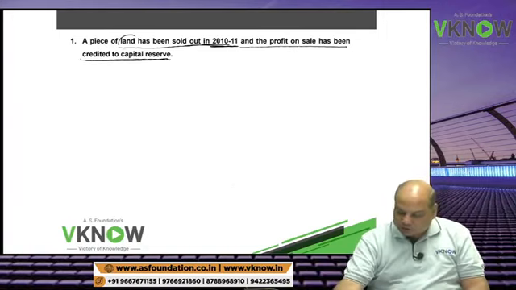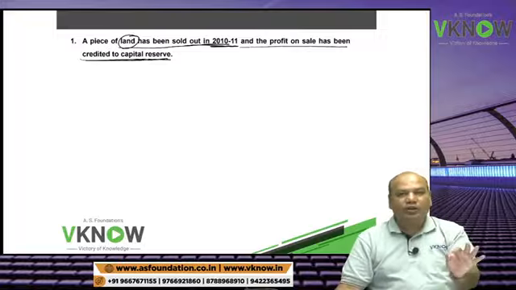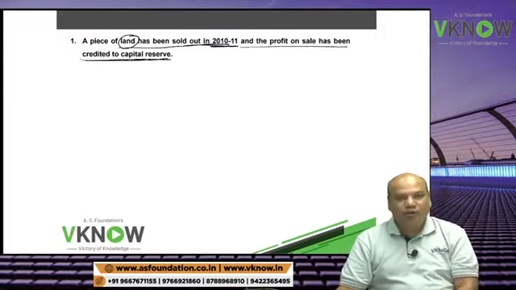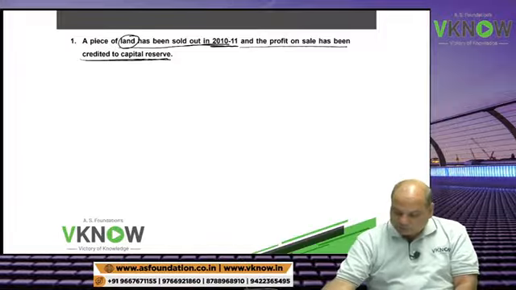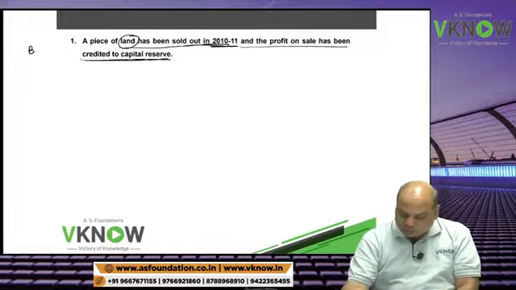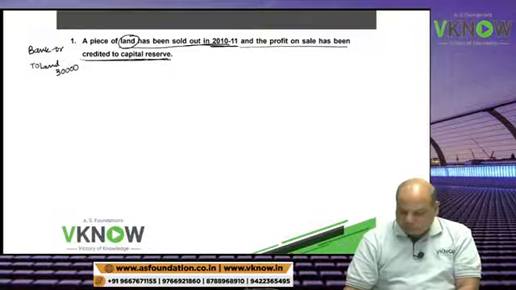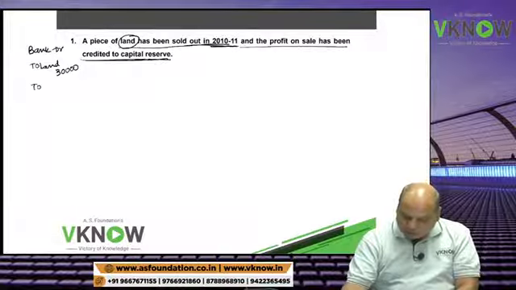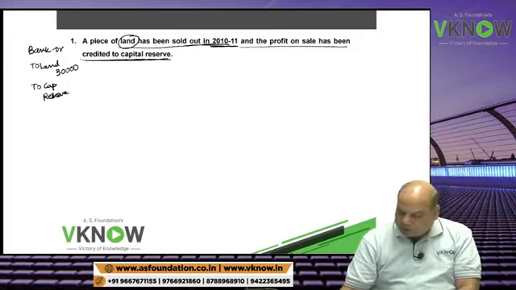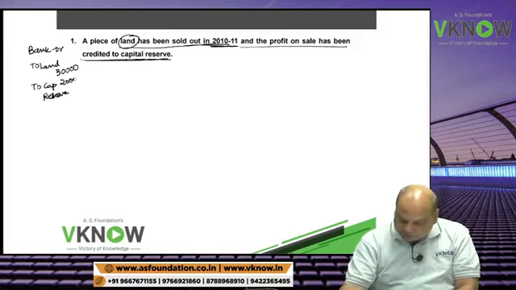So understand the journal entry, what entry they have passed. Those who want to write down, for the first one: bank account debit, to land account, you will see land is reduced by 30,000, and to capital reserve, you will see capital reserve is credited by 20,000.